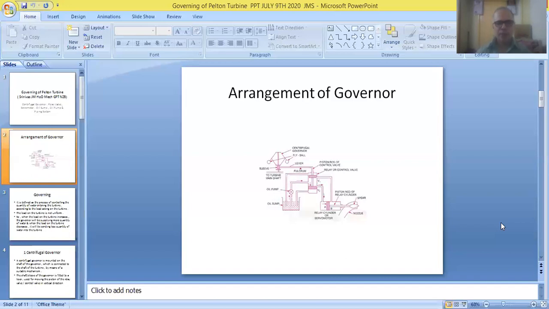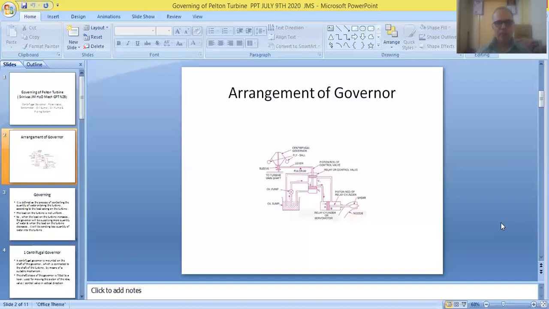During the operation of the governor, oil will be entering from one side of the servomotor and it will be leaving from another side of the servomotor.